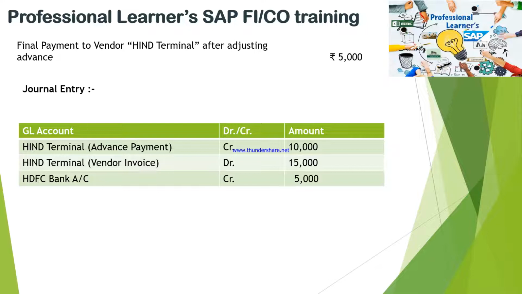Internal vendor invoice, okay, the liability GL account would be debited with 15,000 rupees. We are making payment to the vendor, and the HDFC bank account will be credited. So our total credit amount is 15,000 and total debit amount is 15,000. Likewise, we are going to pass the accounting entry. So this would be the final accounting entry which we are going to pass in SAP.